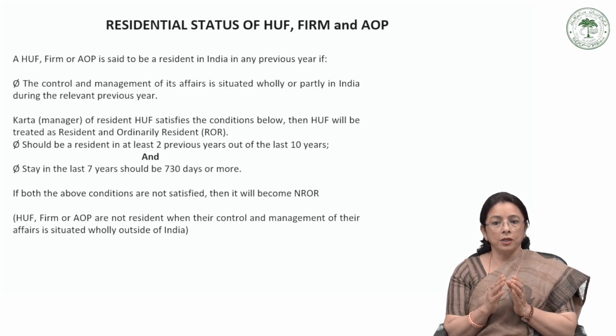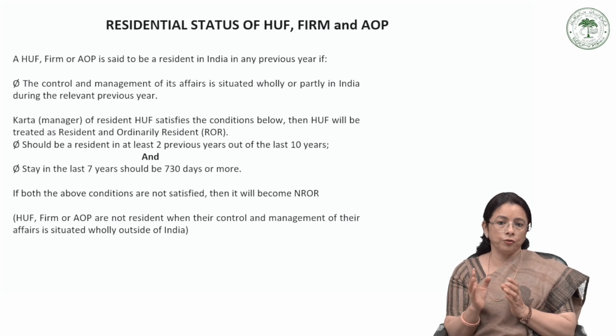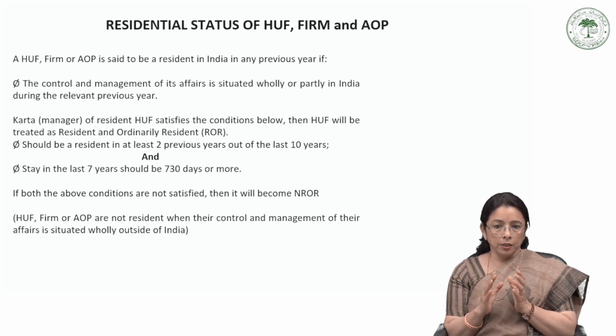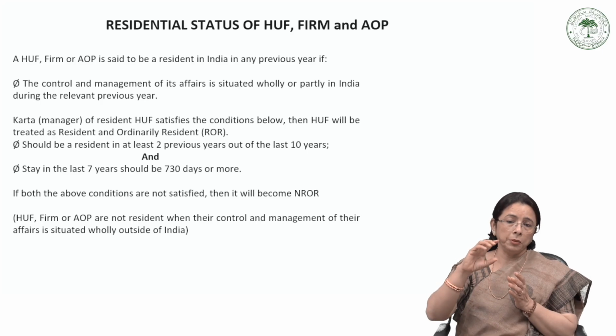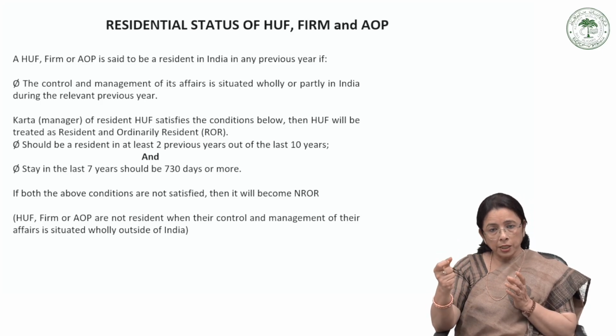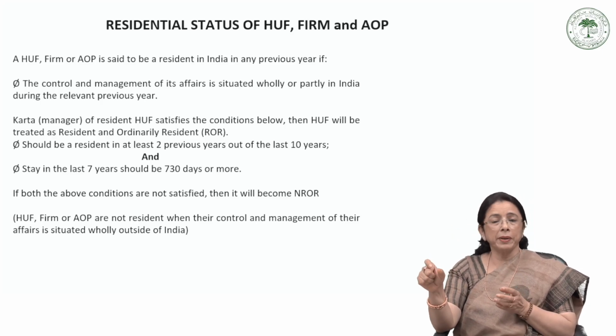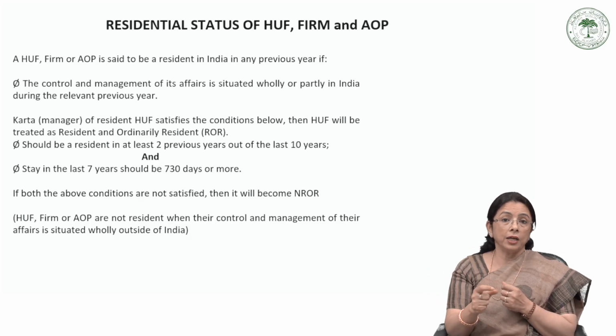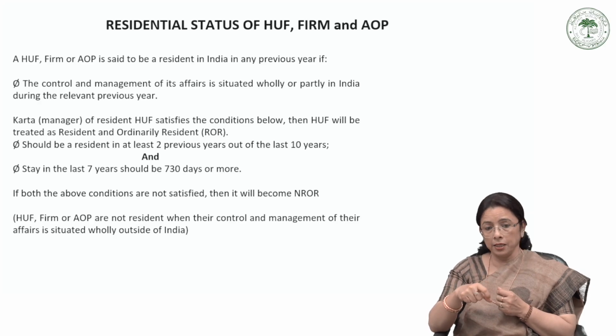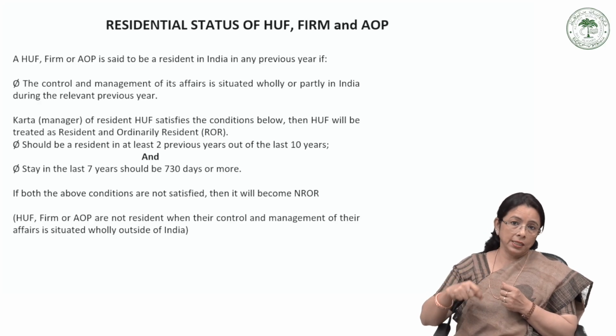For HUF, the residential status depends on both the location of control and the Karta's stay in India. That means the qualitative aspect is the location of management and control of its affairs, whereas the quantitative calculation depends on the Karta's stay in India, for how many days he is staying here.